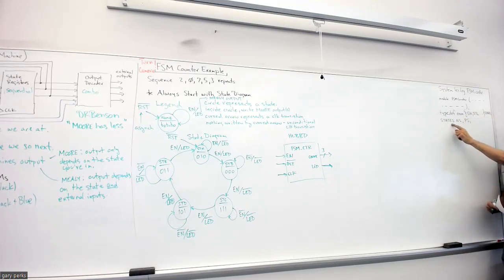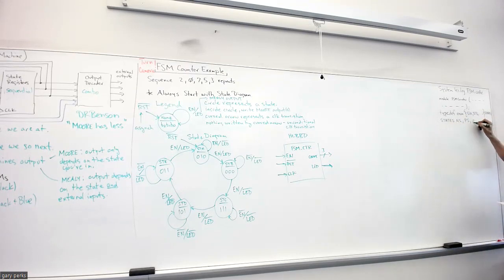You also have to declare states NS and PS, where PS stands for present state, the state we're in, and NS stands for next state, the state we're going to next.